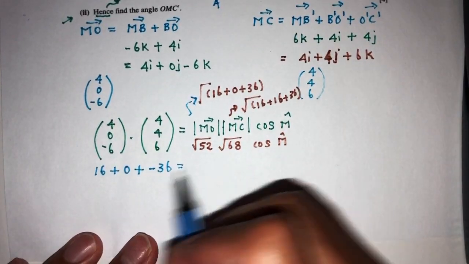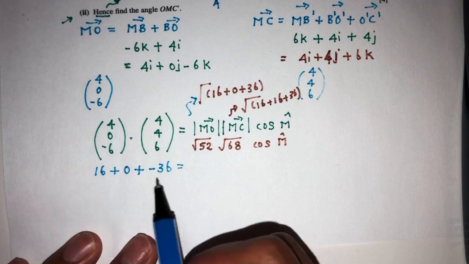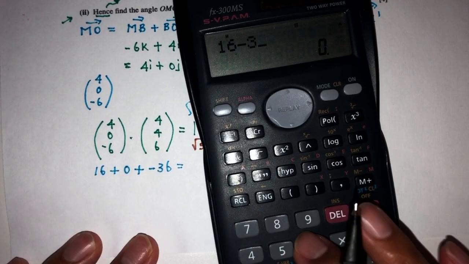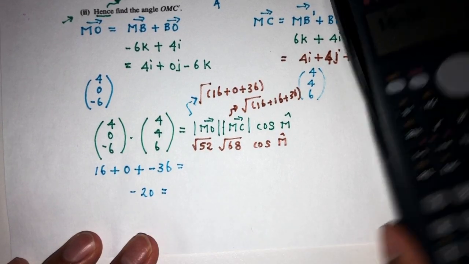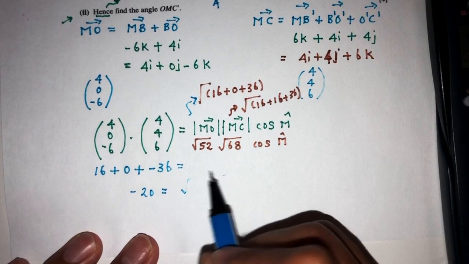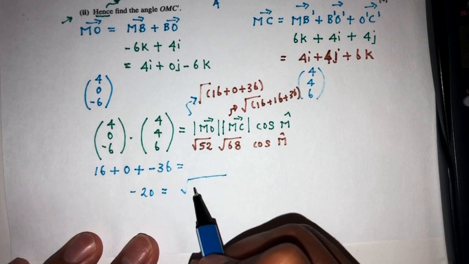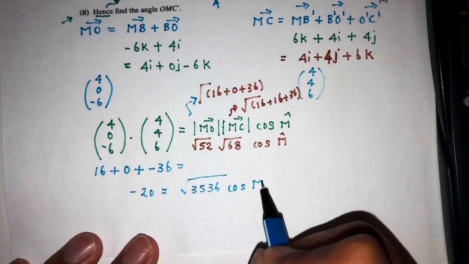Here you will have this times this. We can simplify this first. 16 minus 36, that will be -20. And for this one, we can simplify as 52 times 68, that will be root of 3536, and cos of angle M.